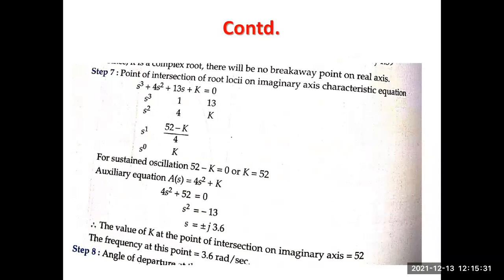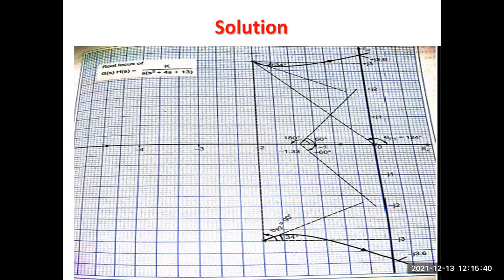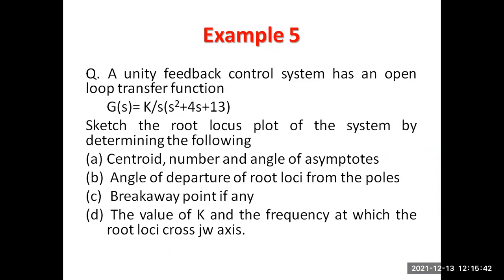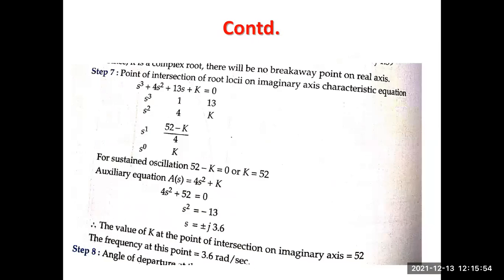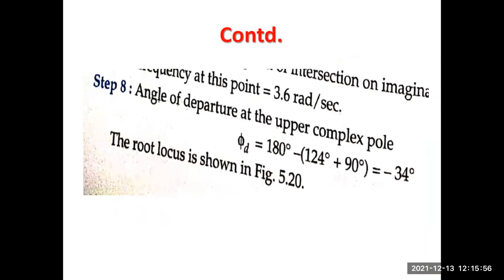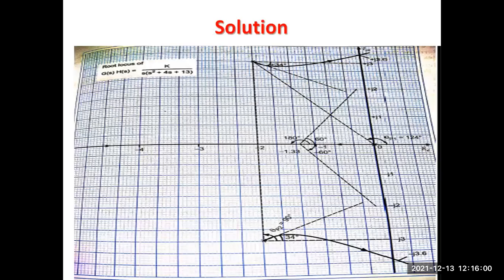Okay. 3.6 radian per second. Very good. Now you calculate angle of departure. Minus 34 degree. Okay. Let's check. Yes, very good. You have understood.